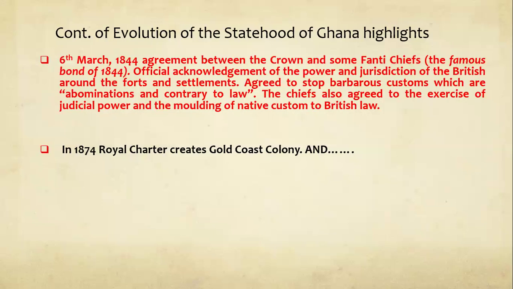And let's pay attention to the date: 6 March 1844, we had the major agreement known as the Bond of 1844, executed between the Crown, that is the British administration, the British government, and some Fante chiefs. And the literature indicates about 8 Fante chiefs.